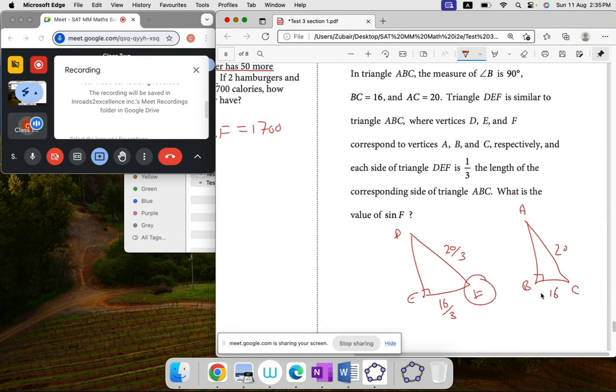Sine F is actually equal to sine C because the angles are the same. I need to know this side: the square root of 20 squared minus 16 squared, that is 12. So sine of F is perpendicular over hypotenuse, 12 by 20, which is 3 by 5.